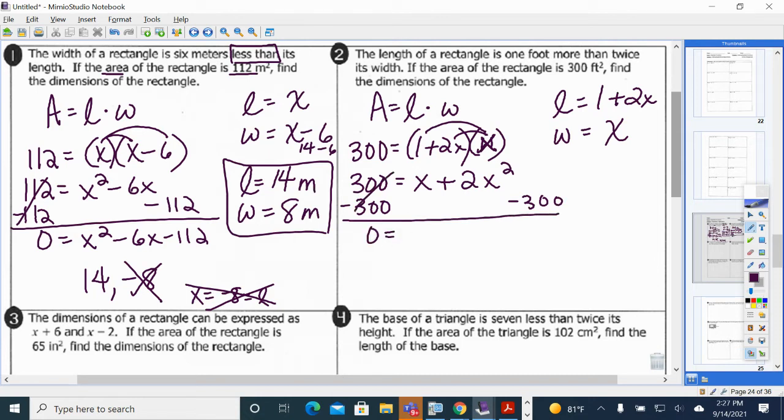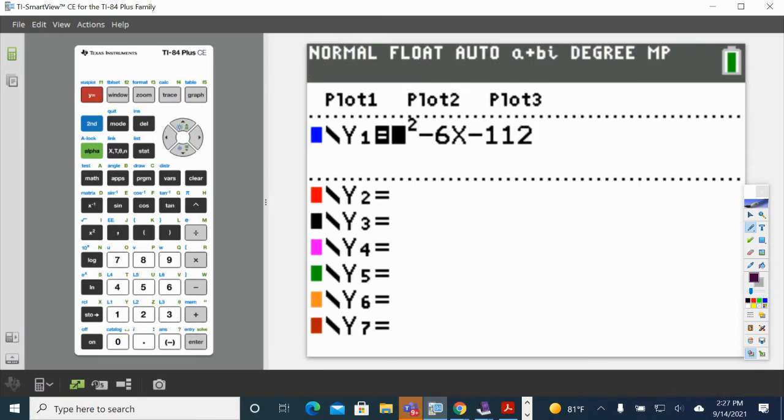What needs to go first is the x squared, and it's a positive 2x squared, then the x, and then that minus 300. All right, so let's look at my graph. y equals 2x squared plus x minus 300.